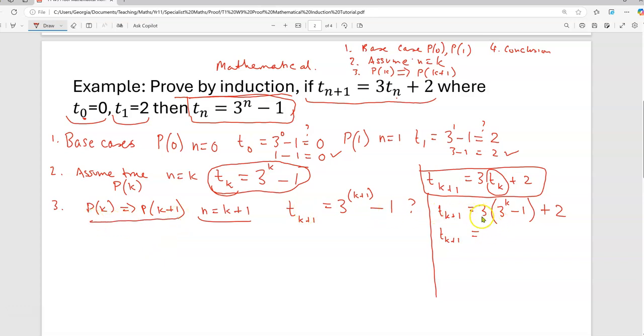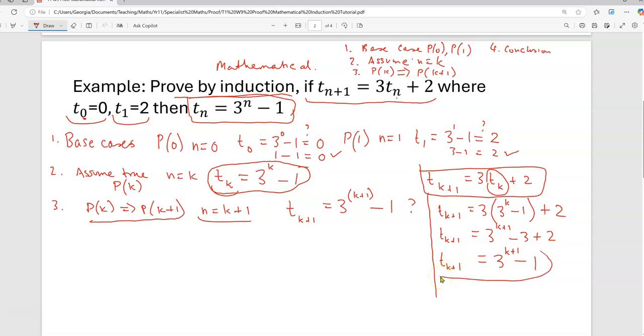So expanding these brackets, well, 3 times 3 to the power of k is 3 to the power of k plus 1. 3 times negative 1 is negative 3 plus 2. It's looking really good so far. So that is now 3 to the power of k plus 1 minus 1.